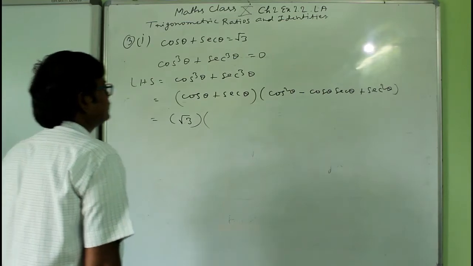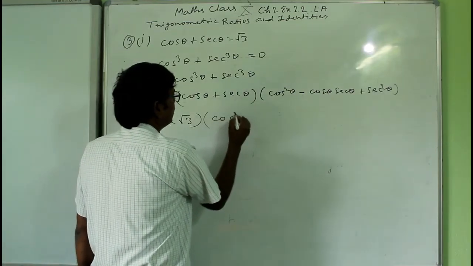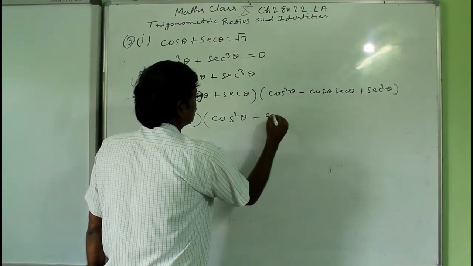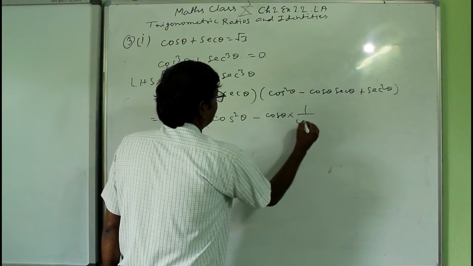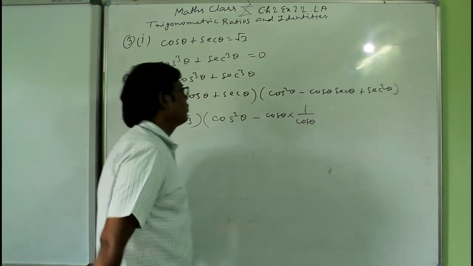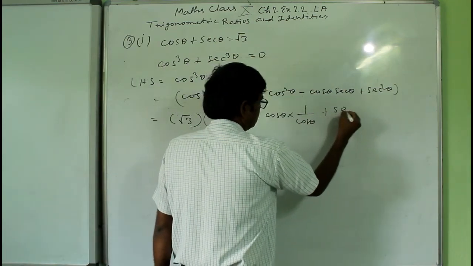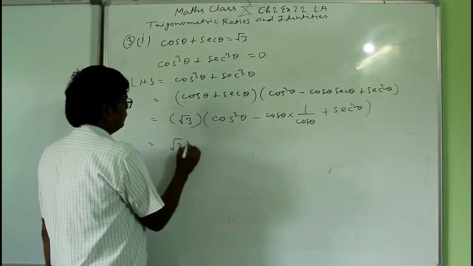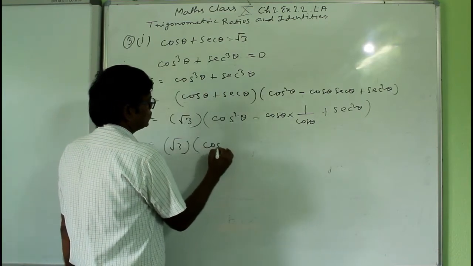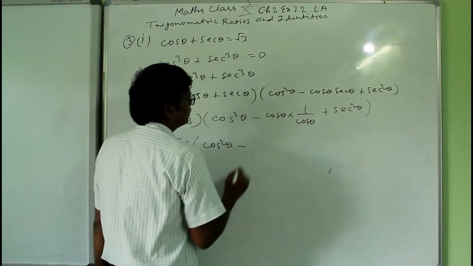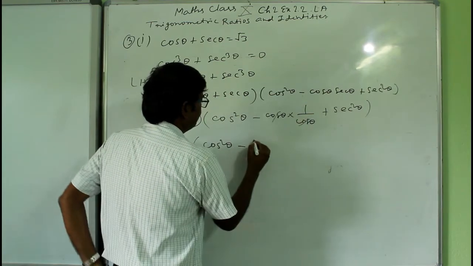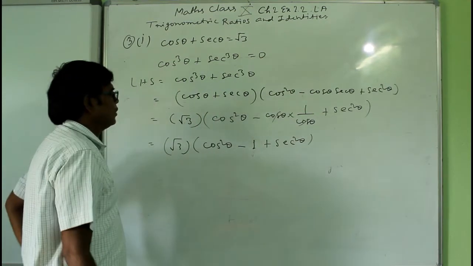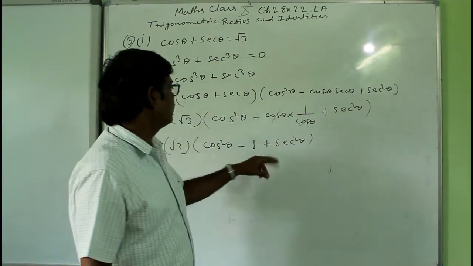And here you have cos square theta minus 1 plus sec square theta.